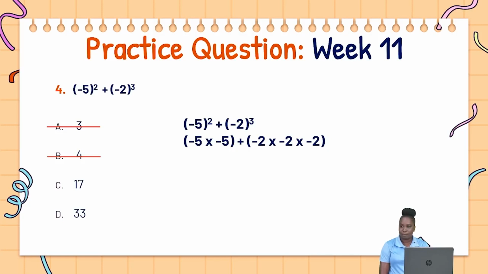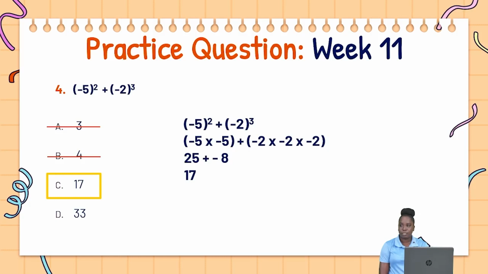And we'll have to put back the plus sign. Negative 2 times negative 2 is positive 4. And times another negative 2 would give us negative 8. So from previous lessons, when those signs come together, that means to subtract. And so, in essence, what we have here is 25 minus 8, and that gives us 17. So our answer is therefore C.